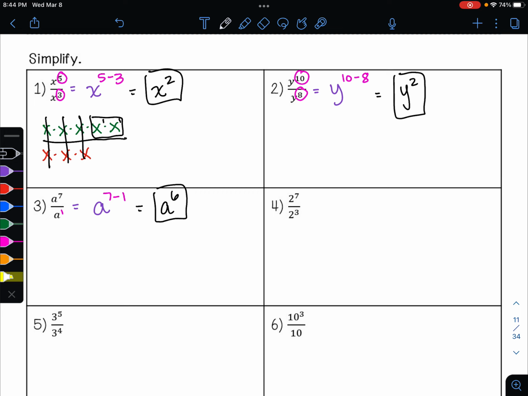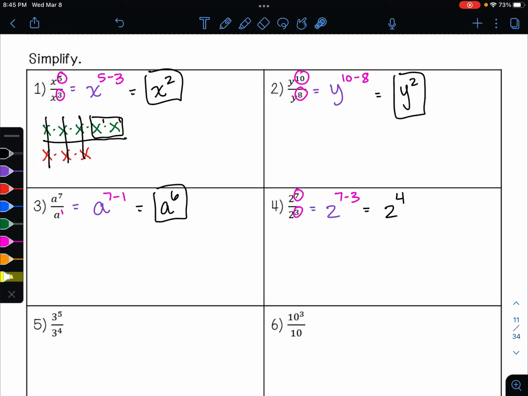On example 4, what is my base? My base is 2. And I have exponents of 7 and 3. I'm going to subtract those, numerator minus denominator. What is 7 minus 3? 4.